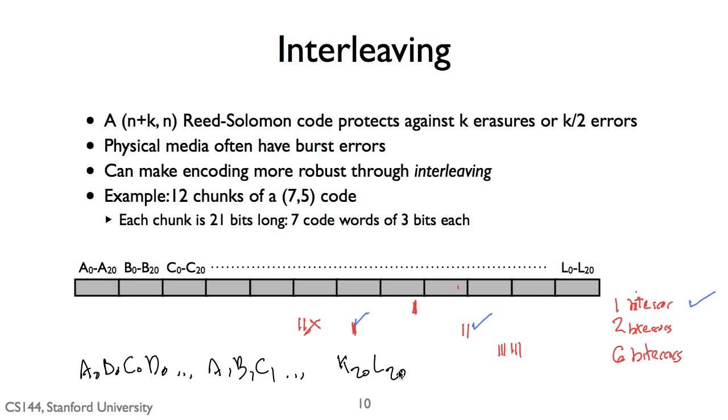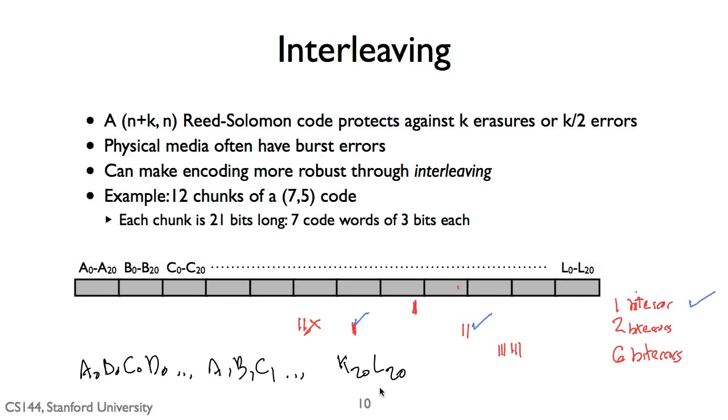For example, we send A0, B0, C0, D0, etc., to L0, then A1, B1, C1, to L1. Then at the end, we're going to send K20, L20. And so now what happens is that a burst of errors at the physical layer is spread out across all of the different code blocks.